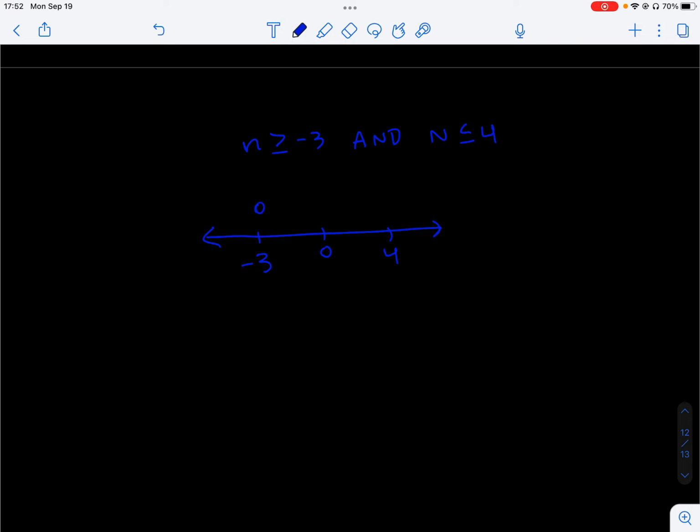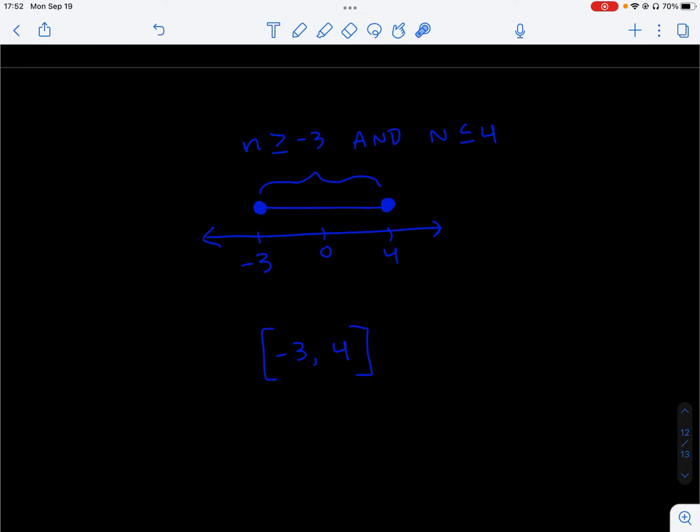Well, then we have a circle filled in at -3, a circle filled in at +4, and then we connect in between. If you think about our solutions here, we have a line segment that starts at exactly -3, not above it, not beyond it, not close to it, exactly at -3, and we go to +4. That's the right-hand side, +4.